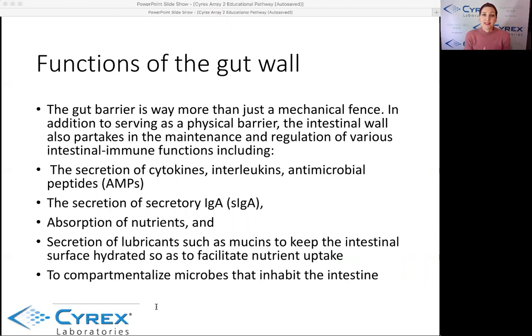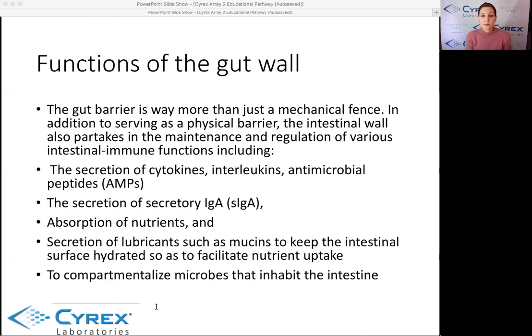So the gut barrier, though, is significantly more than just a mechanical fence. Right? In addition to serving as a physical barrier, the intestinal wall also is very involved in the maintenance and regulation of multiple intestinal immune functions. And this includes the secretion of cytokines, interleukins, and antimicrobial peptides, the secretion of secretory IgA itself, absorption of nutrients to be taken up into the body, and the secretion of lubricants such as mucins, which help to keep the intestinal surface hydrated, which helps to facilitate nutrient uptake, and compartmentalizing microbes that inhabit the intestine.